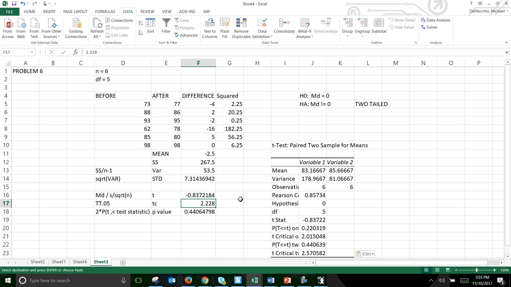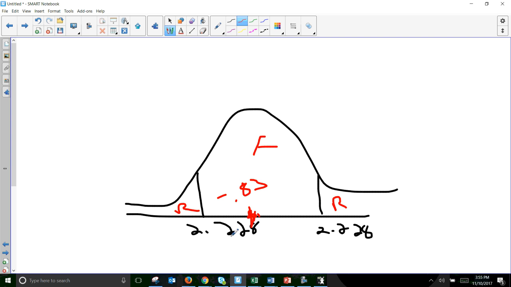Okay. All right, so our critical value would actually be different. I had to find the t table because this had 5 degrees of freedom, not 10. So here if you look at the table, you see about 2.570. And so looking at our picture, we would just change this to negative 2.57 and this would be 2.57, again with degrees of freedom 5 instead of 10. Okay, so that actually makes sense.